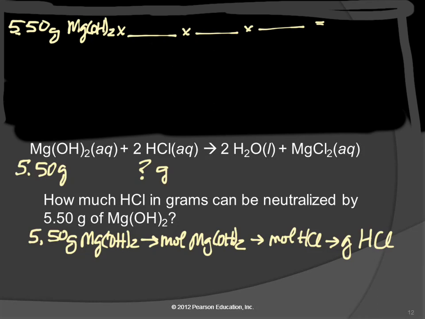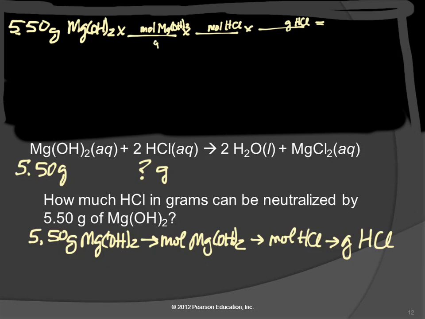Grams of magnesium hydroxide to moles of magnesium hydroxide, to moles of HCl, to grams of HCl. And then we're going to take the previous term and bring it down into the denominator.